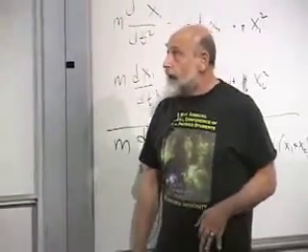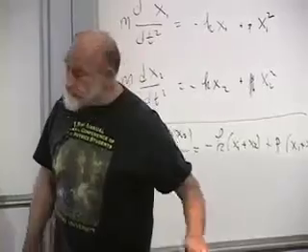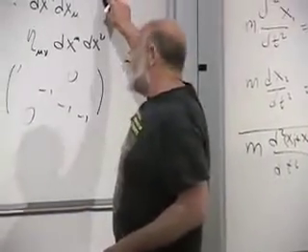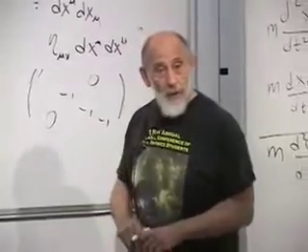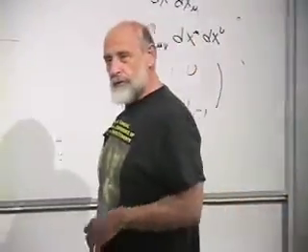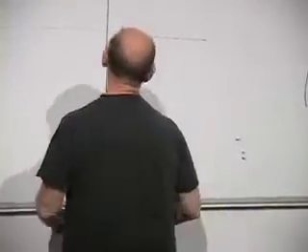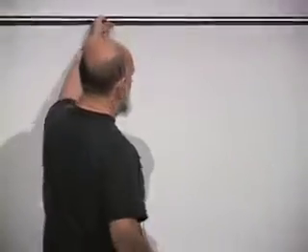Now, of course, it is not true that for every set of coordinates that you could think of, the interval is expressed in the same way. Let me give you an example just from ordinary space, not space-time, but space.